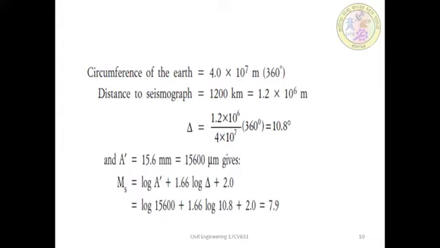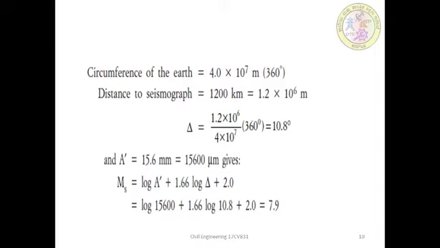You convert it into 1.2 into 10 to 6 meter, and delta is what we have to find out for this calculation. So for 1.2 into 10 to 6 distance, and circumference 4 into 10 raised to 7, for 360 degrees, the delta, the angular deviation for this distance, is 10.8 degrees. That is what we first have to evaluate.